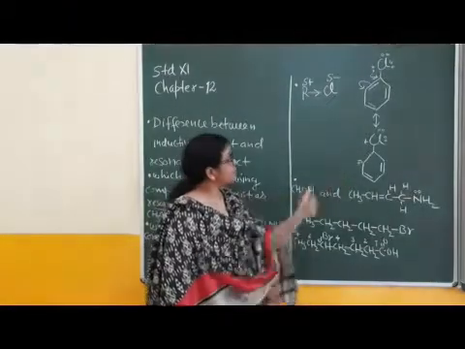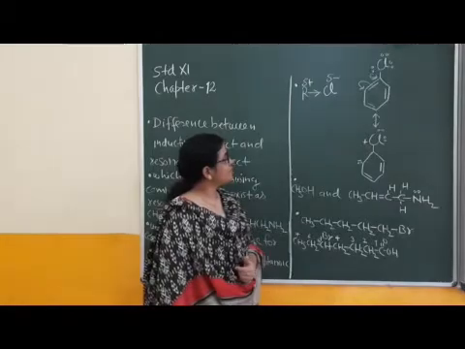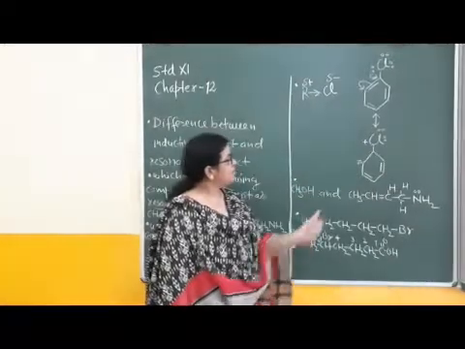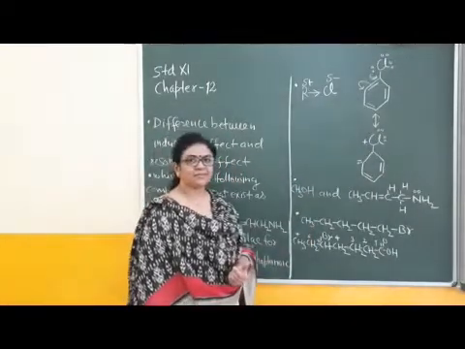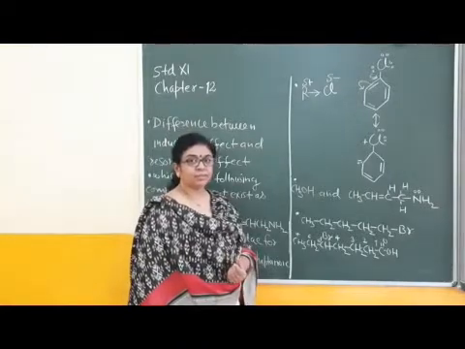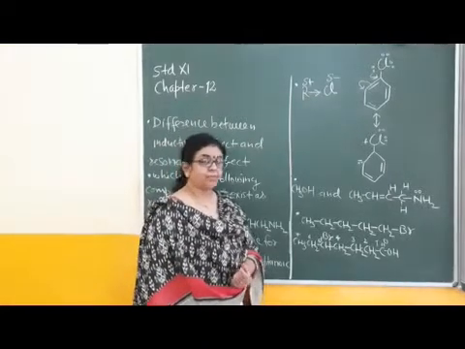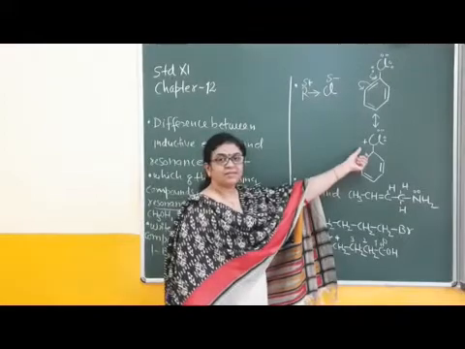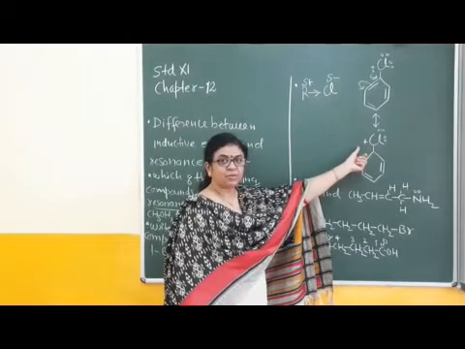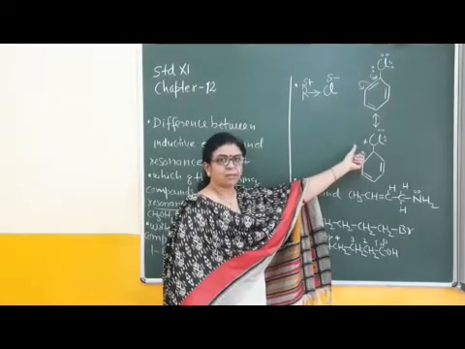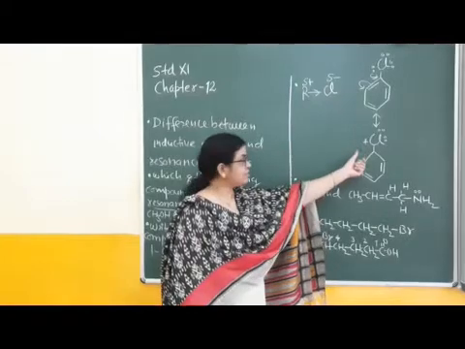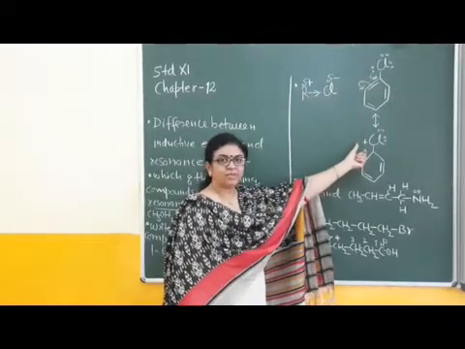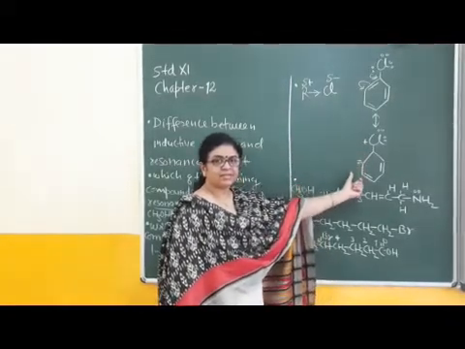Now the second difference in resonance: it is complete transfer of an electron pair from one position to another position. One position is completely positively charged. Plus is written here, not delta plus. Here is a shifting of electrons from the halogen to this benzene ring.